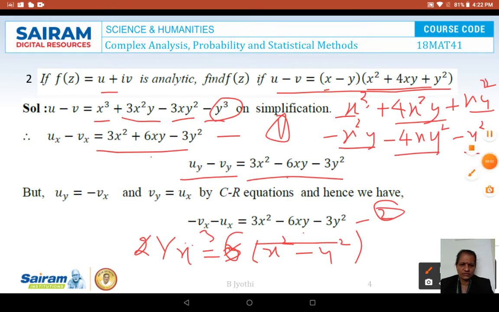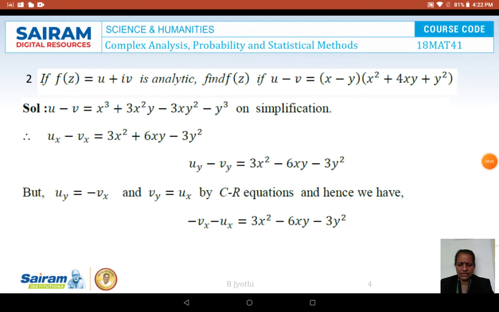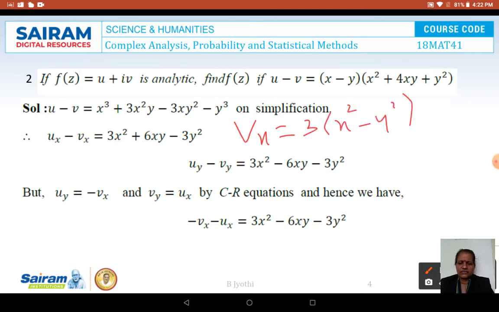We get it. Similarly, when I subtract, what is the vx we have got is 3 times of x squared minus y square. Next, when I subtract, what happens is 2ux we will get. 3x square and 3x square cancels. 6xy and 6xy gets added.